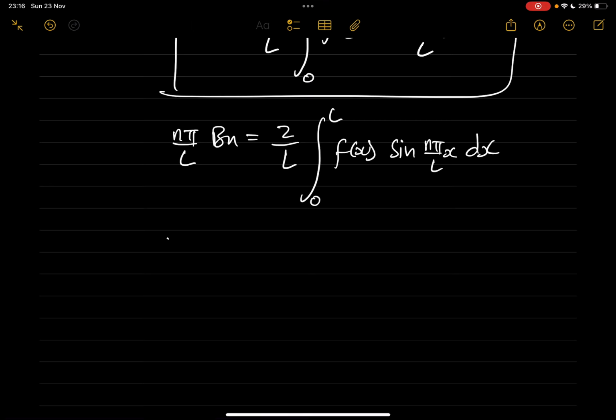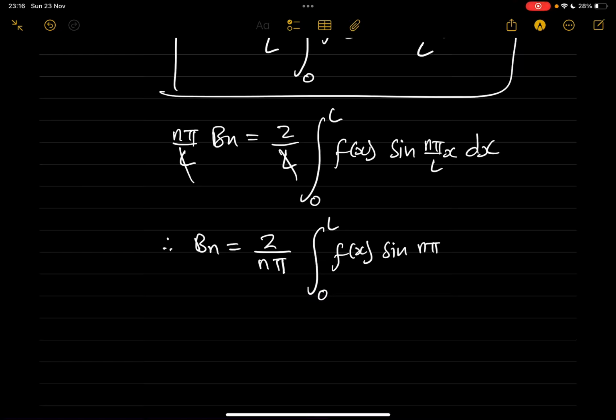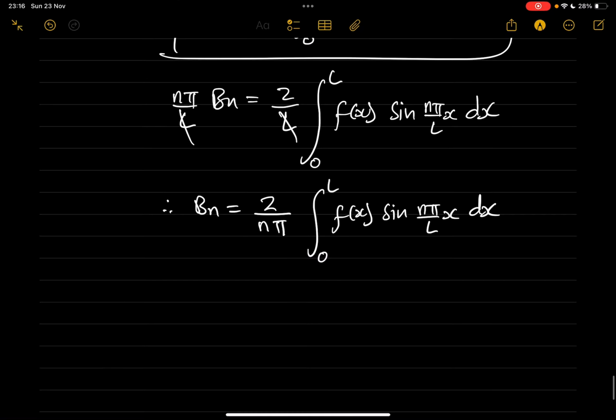Therefore bn is equal to what? If you take this side, we are going to have 2 over n pi, because this and this will divide. 2 over n pi, integral from 0 to L of f of x sine n pi over L x dx.